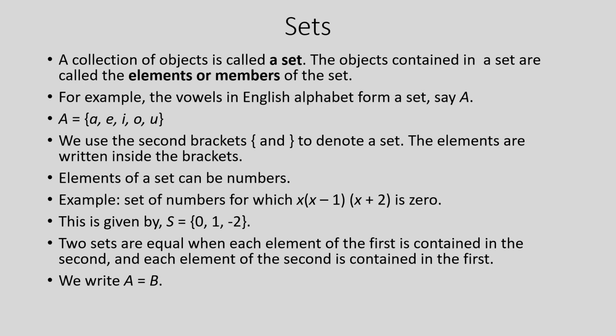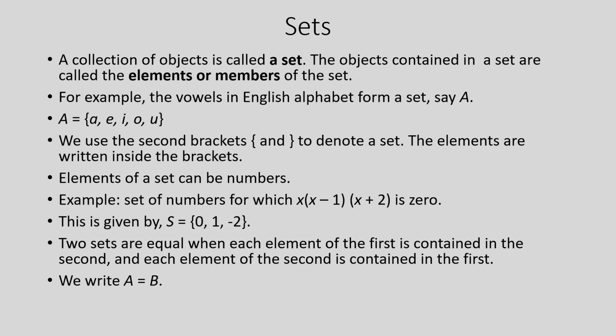A could be written as, you can see, A is equal to, then within the brackets we have A, E, I, O, U. These are the 5 vowels in the English alphabet, and there is no 6th vowel in the English alphabet. So we have included all of them in this particular set.